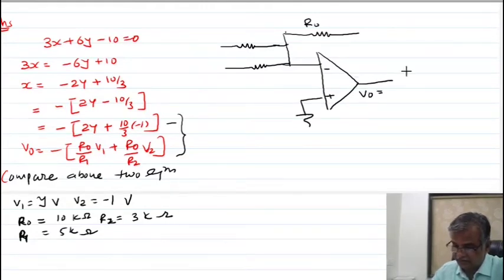Vo I can write as minus 2y plus 10 by 3, that is nothing but the x. This is your x, meaning Vo.